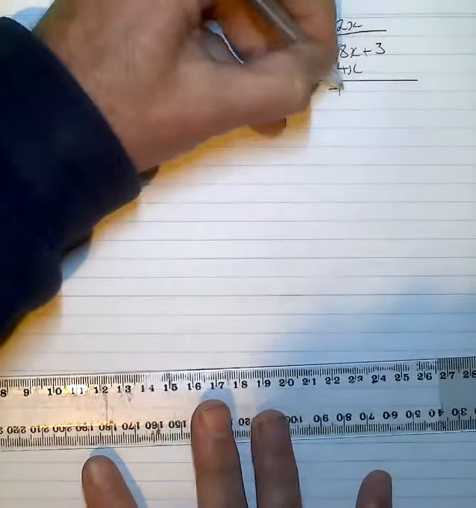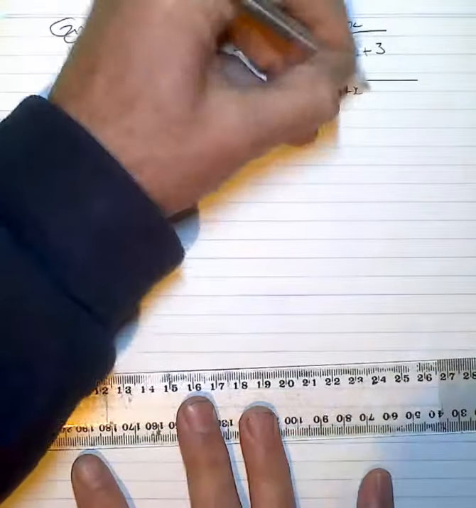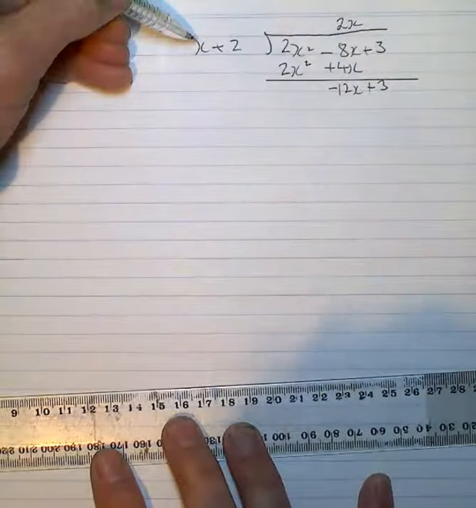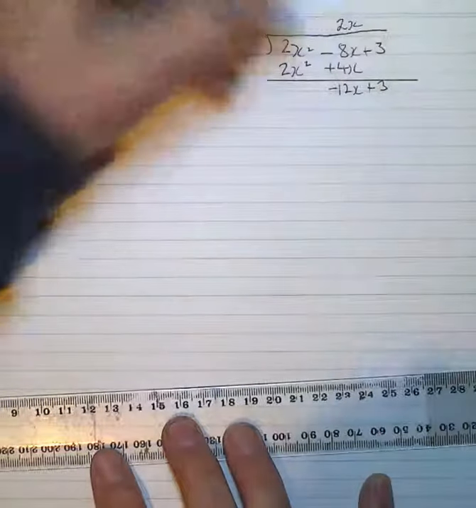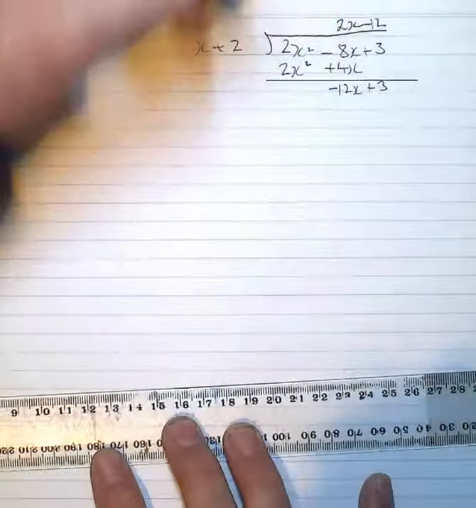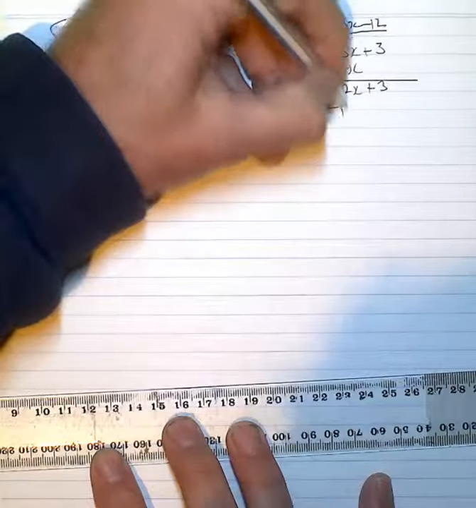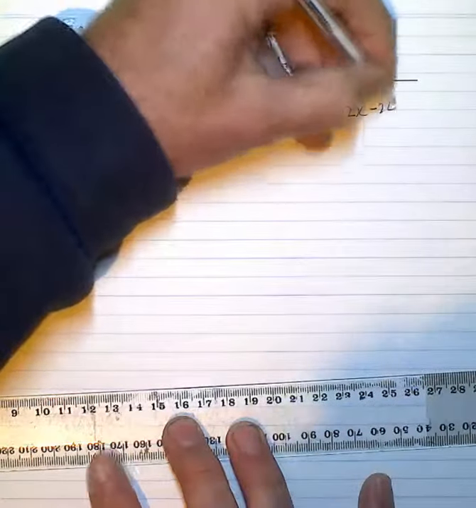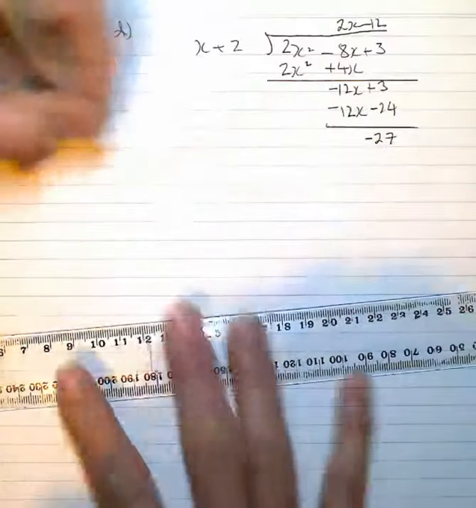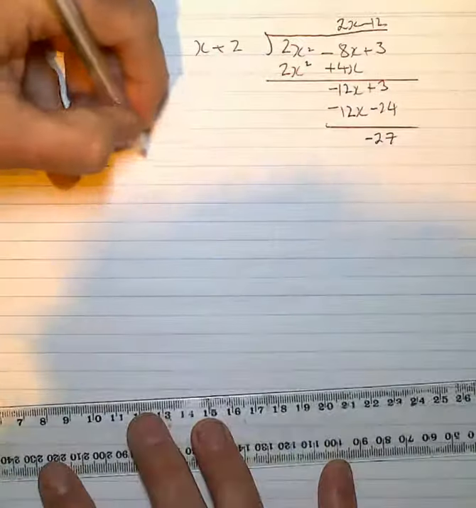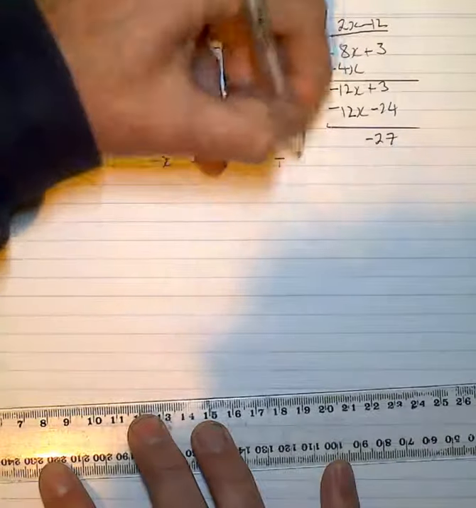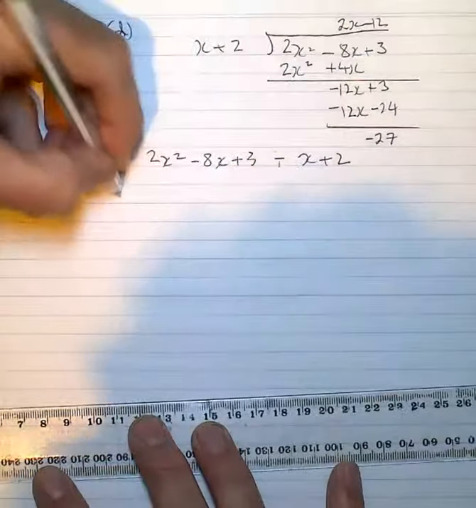That gives me minus 12x, bringing down the plus 3. Next question, what do I multiply x by to get minus 12x? And the answer is minus 12. 2 by that gives me negative 24. Subtracting down, negative 27.